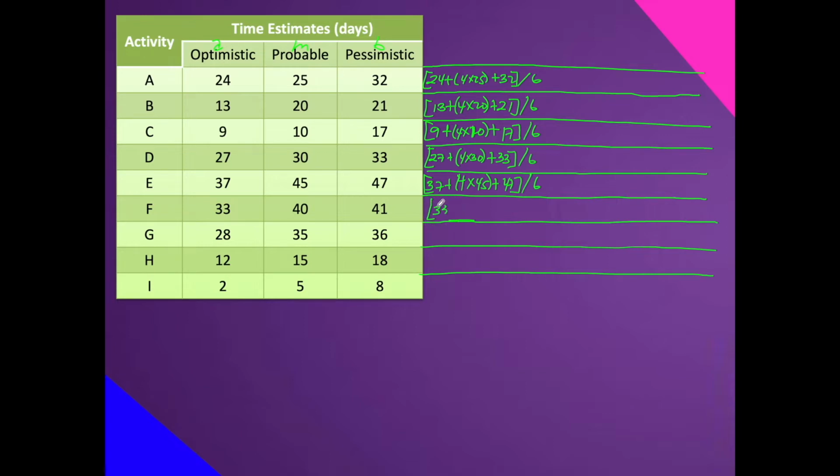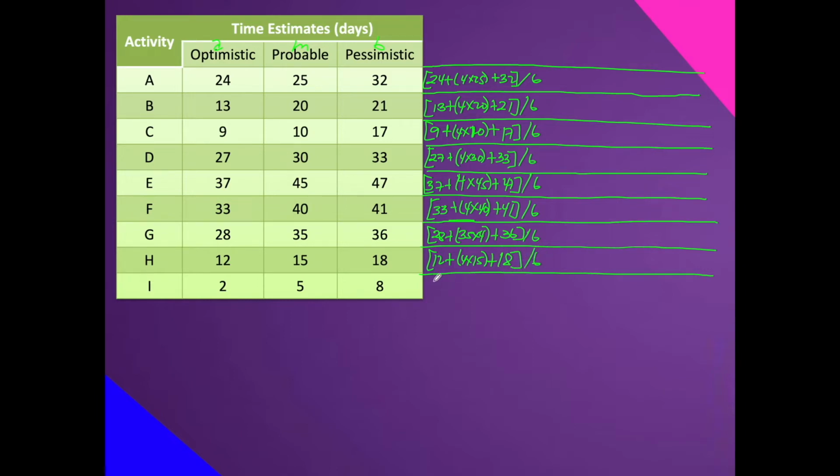Next, we have 33 plus 4 times 40 plus 41, divided by 6. Next, we have 28 plus 4 times 35 plus 36, divided by 6. Next, we have 12 plus 4 times 15 plus 18, divided by 6.